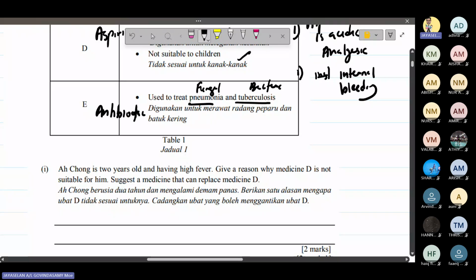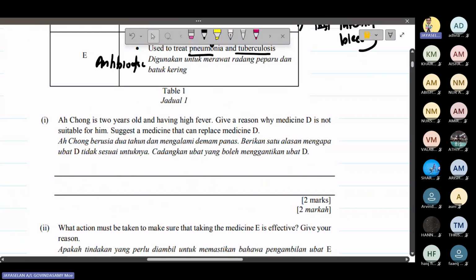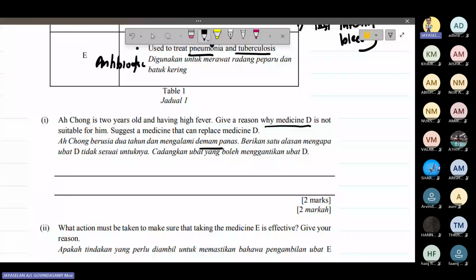antibiotics. Must remember. Now Ah Chong is 2 years old, a small kid, and has a fever. Give a reason why medicine D is not suitable for him to consume, and suggest another medicine. So you put aspirin, medicine D, is an acidic analgesic.